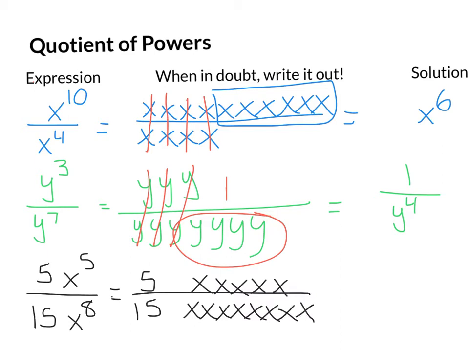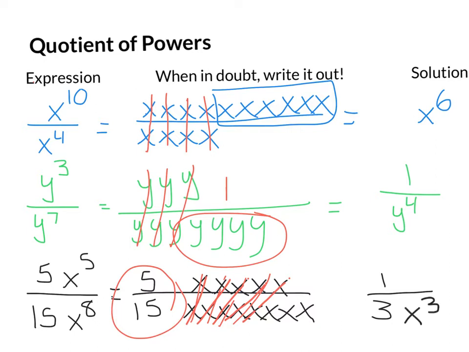All right, so those coefficients, you treat it just like simplifying a fraction. So I can divide both of those by 5. So that becomes the fraction 1/3. And then match up, cross off. 1, 2, 3, 4, 5. I have 3 x's left over, so 1 over 3x to the 3rd.